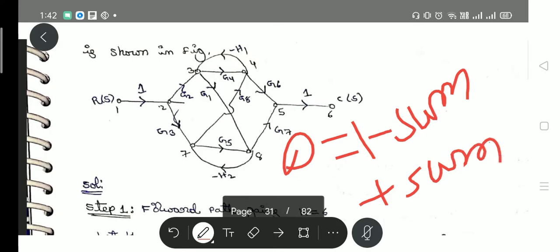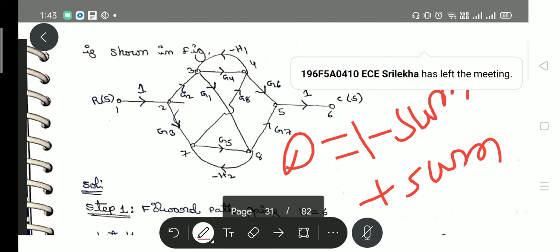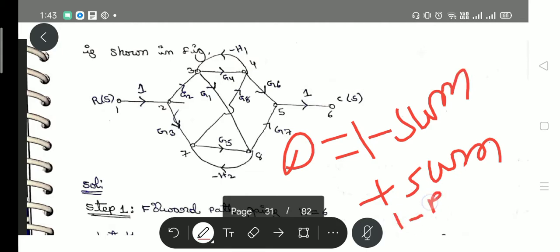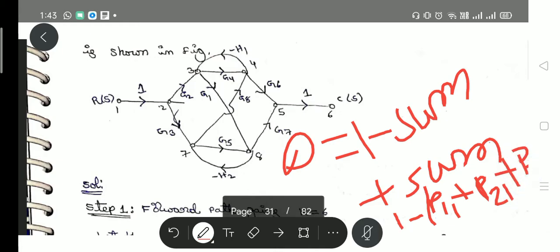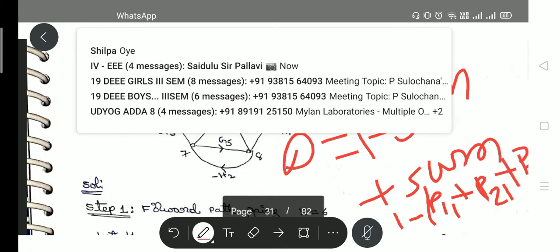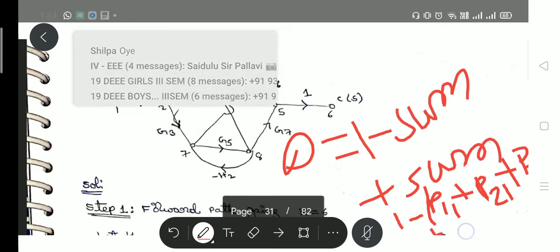So here how many individual loops are there? 3 individual loops. So from this, 1 minus P11, P21, P31. These are the individual loop gains, plus the two non-touching loop gain.